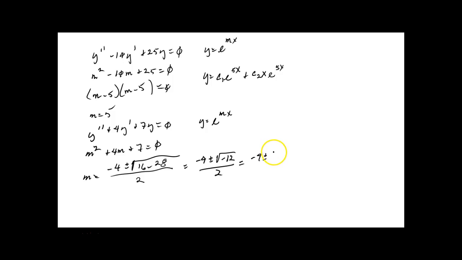The root 12 we could do something with. It'd be 2 root 3. Plus or minus 2i times root 3 over 2. The good news there is the 2 can go into 4 twice and 2 once. So this would now be minus 2 plus or minus i root 3.